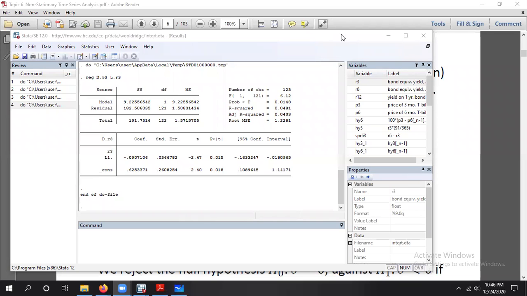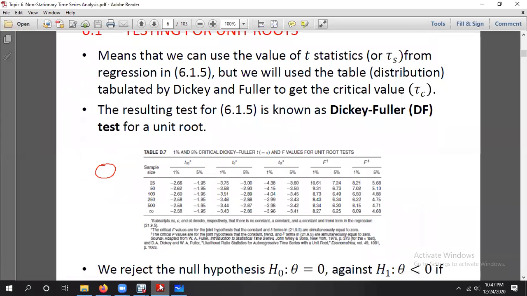We have the constant, this one. So now we pick this one, with the sample size.